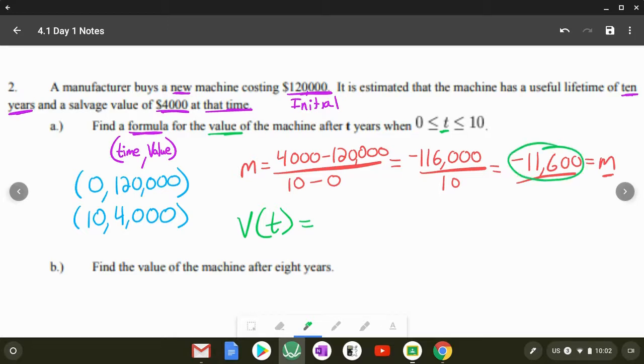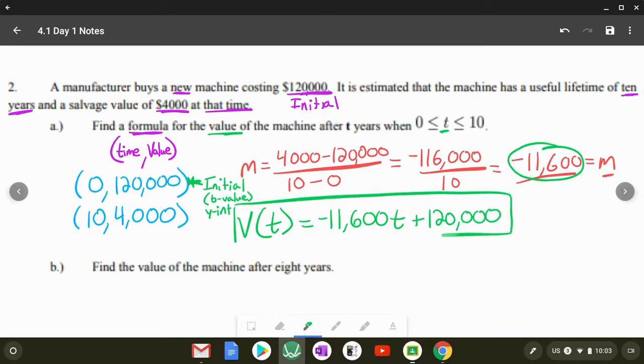We can either do point slope, which is what we did on the last one, or what's nice here is that because we know our initial cost, this is our b value, or the y-intercept. So we can just write v of t equals negative 11,600 t. Don't forget that our variable is t, not x, and then plus $120,000.